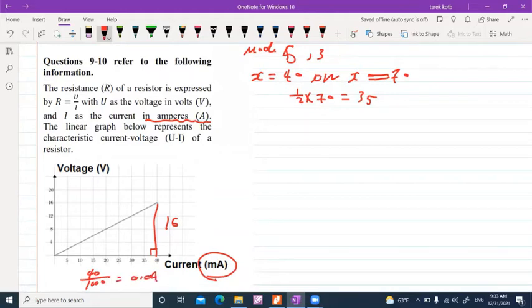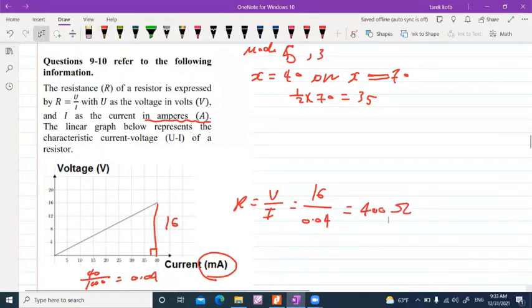So if you get the slope, now the slope is R equals V over I, means 16 over 0.04, and that will be equal to 400 ohm. This is the resistance, which is A.